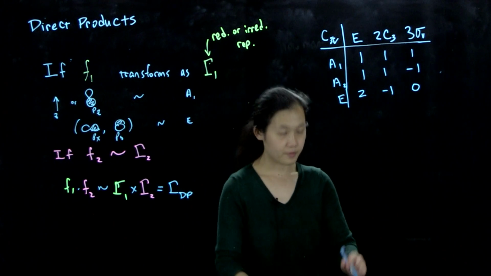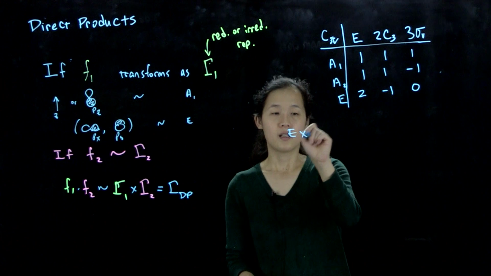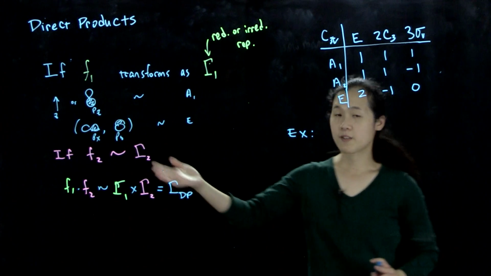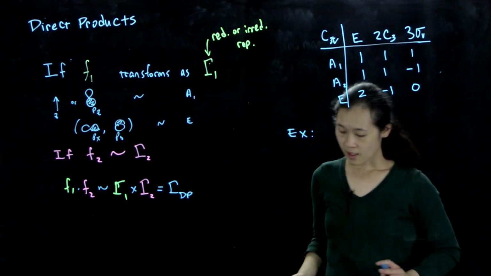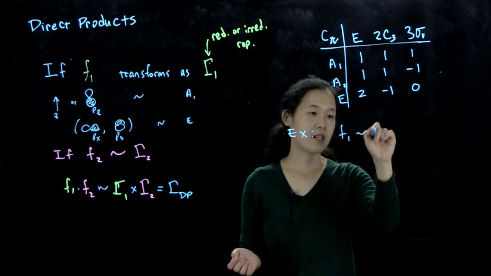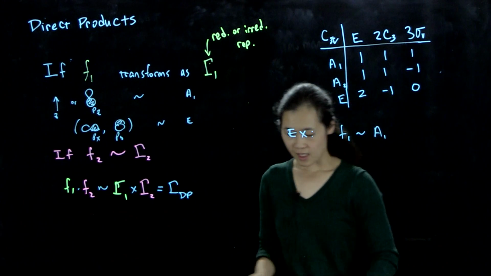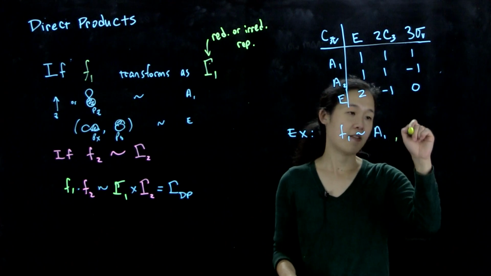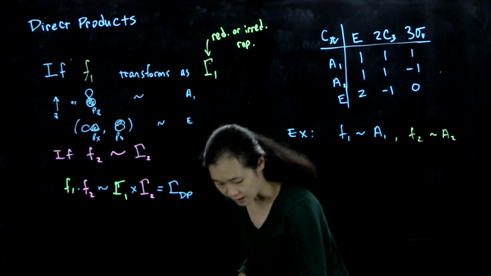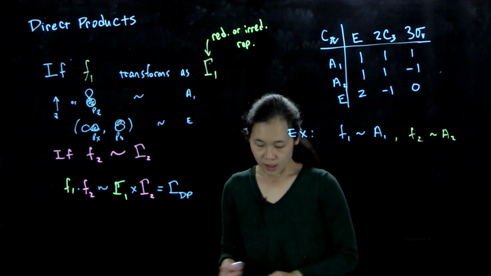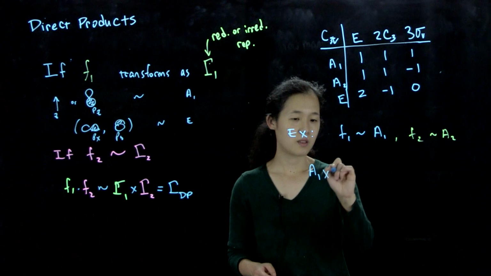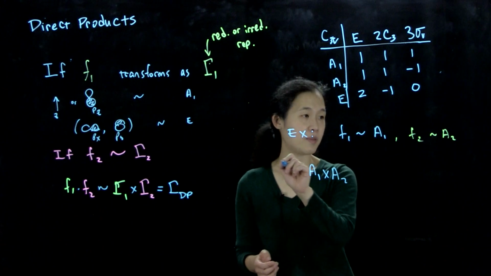So here's an example. Suppose we're in the C3 point group, because of course the symmetry of each function will differ depending on what point group you're in. So say that we have f1 that transforms as a1, and then let's say we have f2 that transforms as a2. OK. So if we want to find a1 times a2, this is our gamma dp.